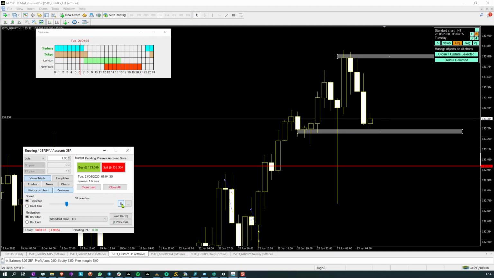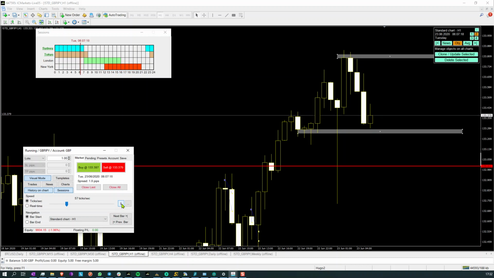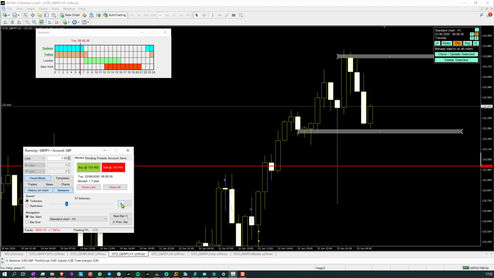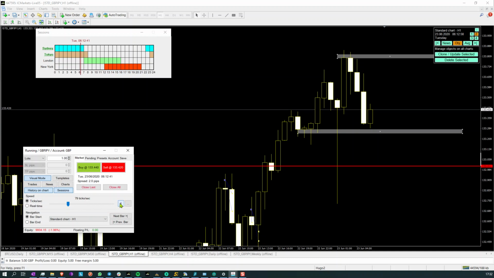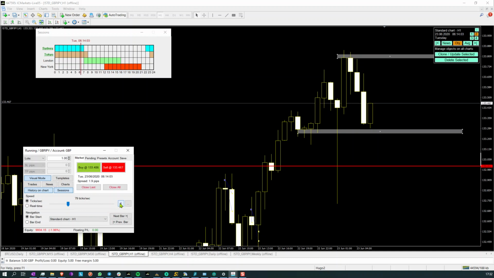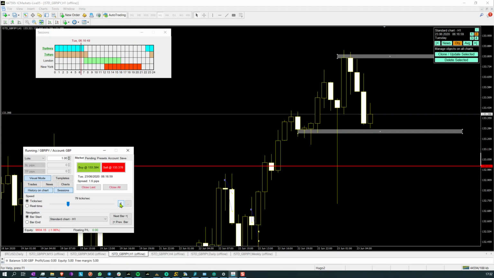Okay, we tested support. 15-minute candle has closed bullish.